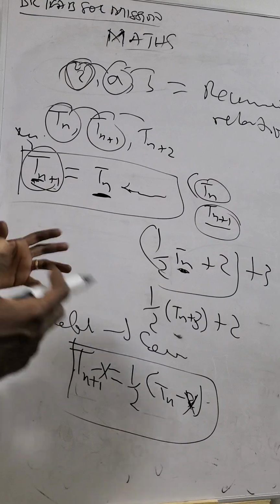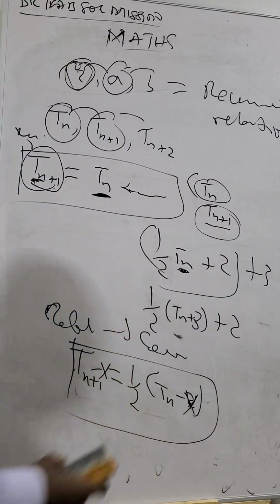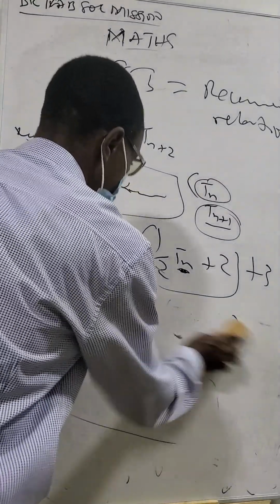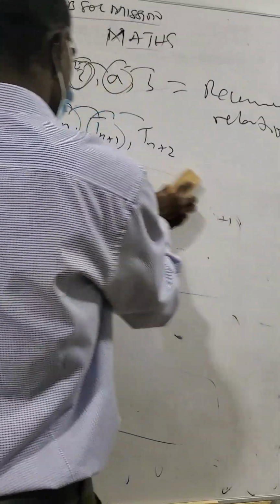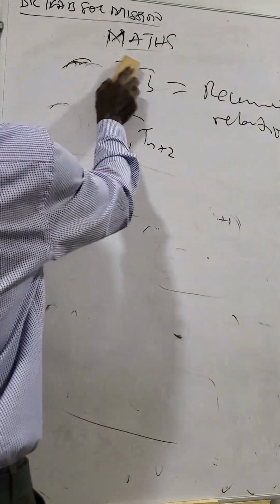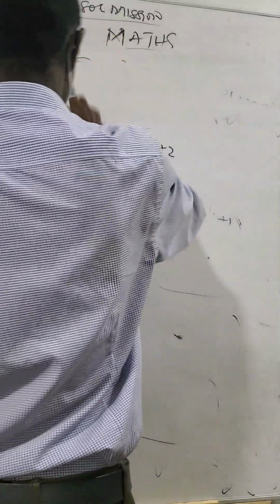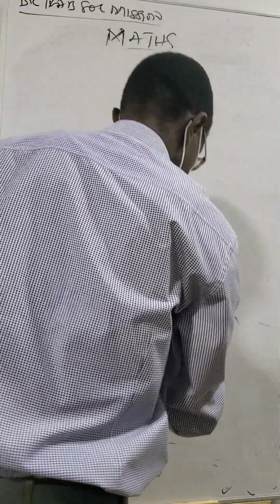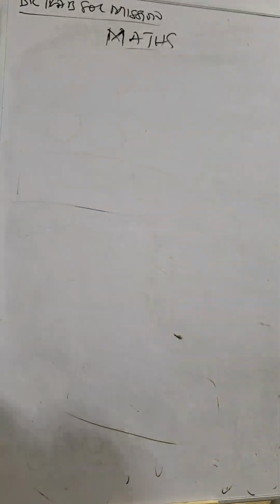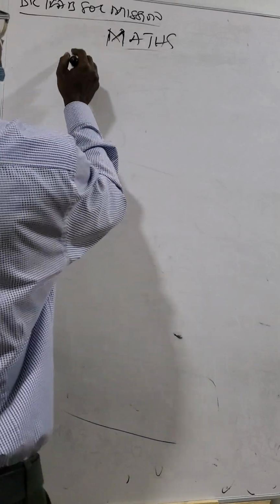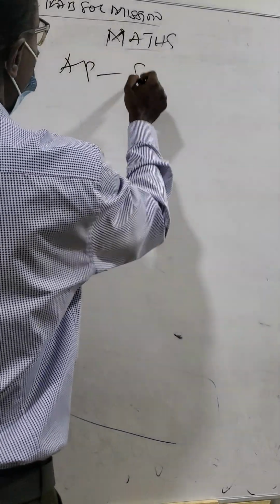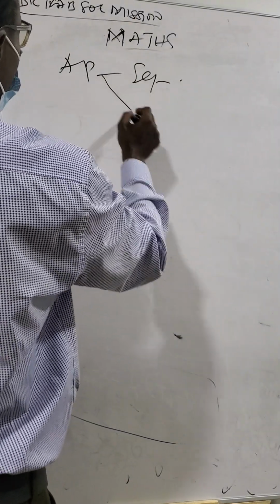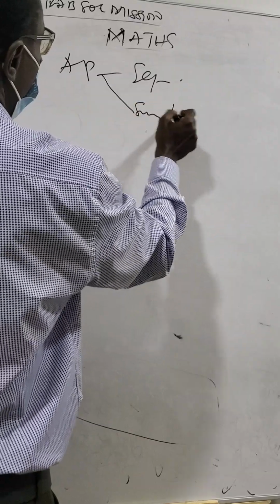So, in summary, let me briefly go over so that we have a very good foundation when it comes to the AP and GP and their manipulations. All that we have said so far is that for AP, you can have the sequence, you can have the summation or the series.